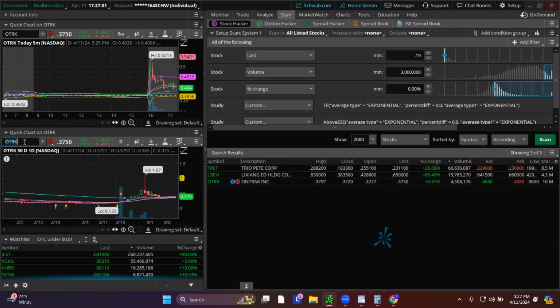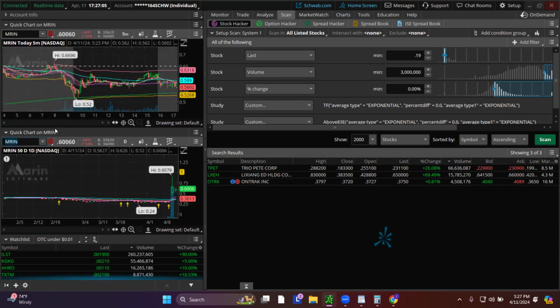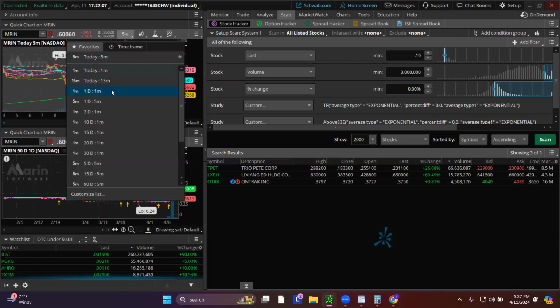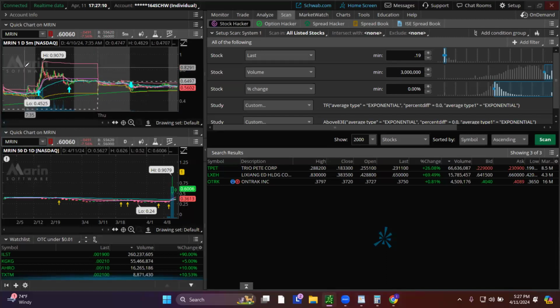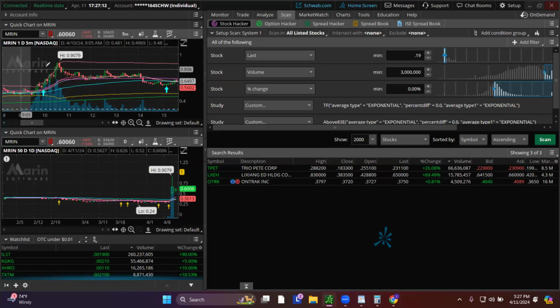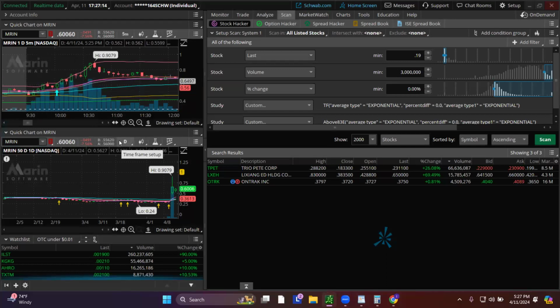But thankfully there was this one yesterday. So go over MRIN. Yesterday's daily candle was red or white, so you got to check there.